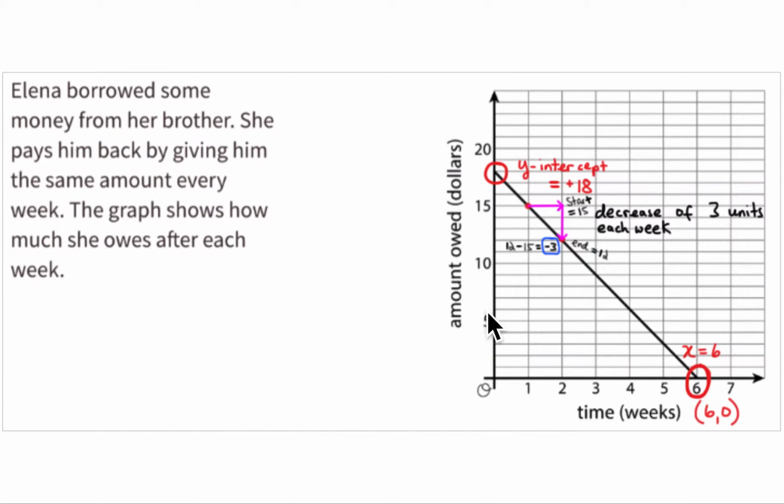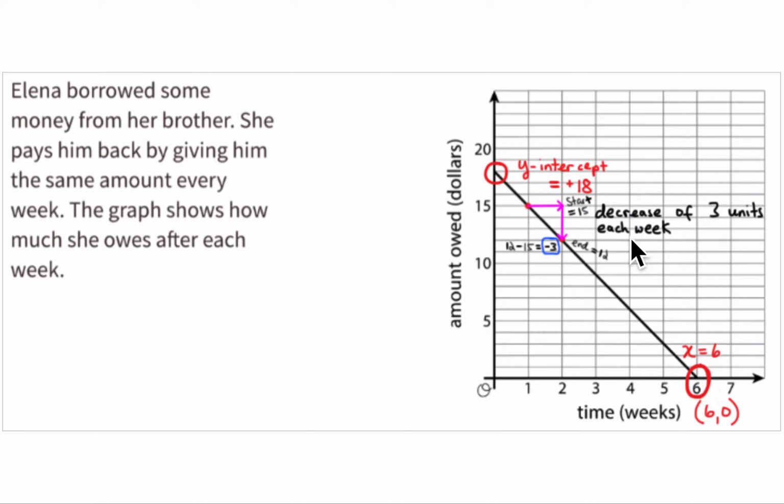Amount owed in dollars at 0 weeks owes $18. So that's going to be the amount of money that Elena borrowed. And it crosses the x-axis at x equals 6, y equals 0. So what does that mean? Well, amount of money Elena has borrowed after 6 weeks is $0.